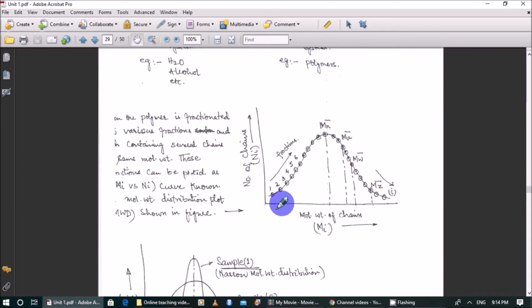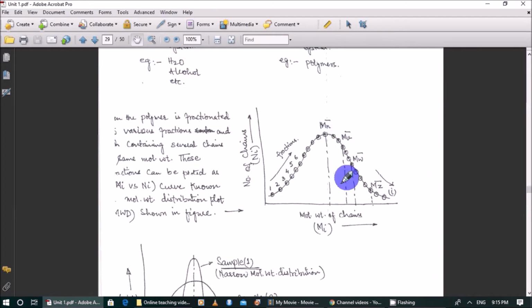Then we increase the molecular weight for the second fraction, so the molecular weight is slightly increased, and similarly the number of chains for the second fraction is also increased. Likewise, this curve will keep building and reach a peak maximum, where the number of chains is maximum at the maxima point.